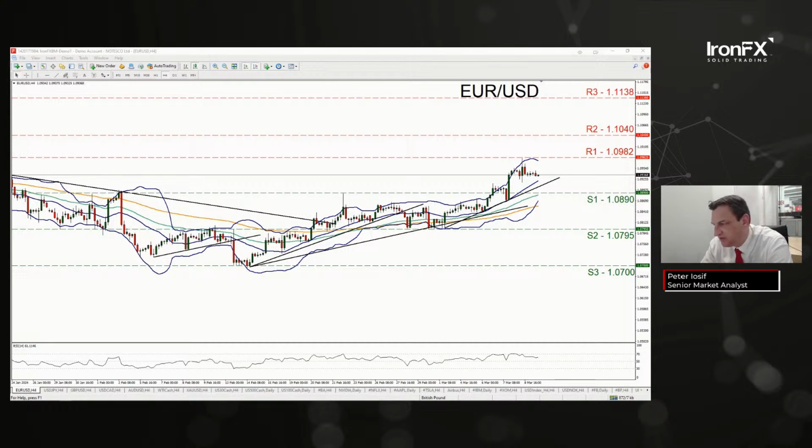And given that we already had the release of the US employment report for February on Friday, the next big test for the dollar is expected to be the release of the US CPI rates for February tomorrow during the early American session.